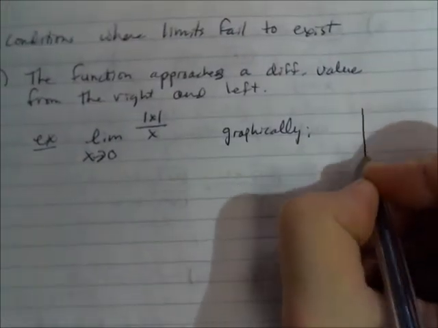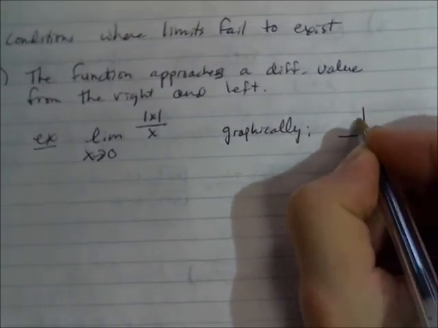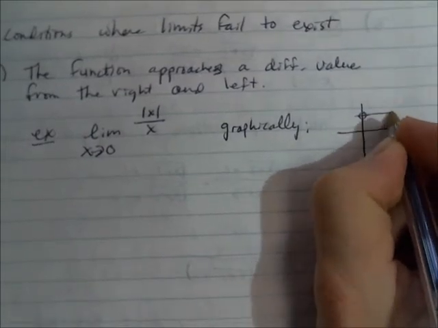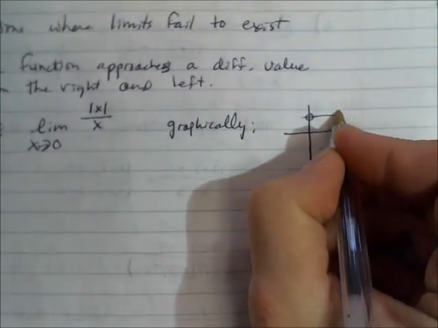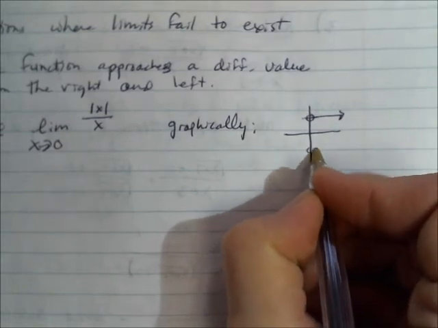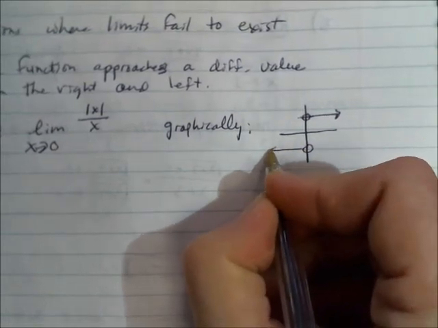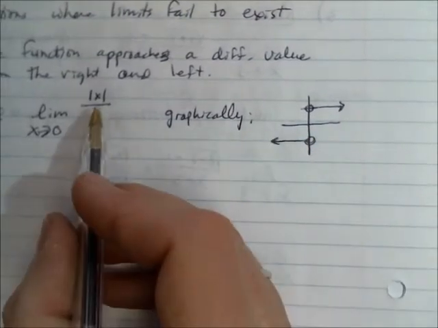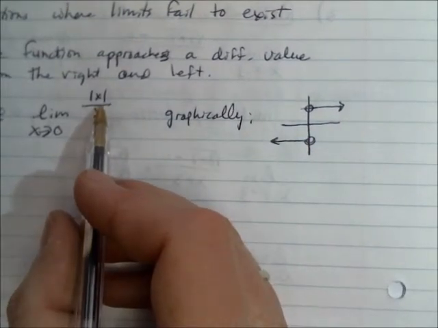Graphically, this would look like this. And there's actually an open circle here because when x equals 0, this function has no value. It's undefined. So this is the graph of the absolute value of x over x.